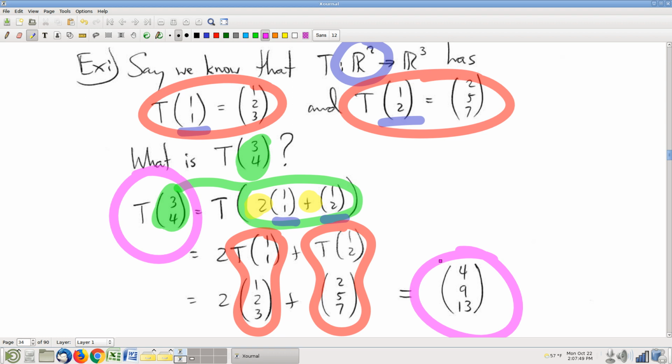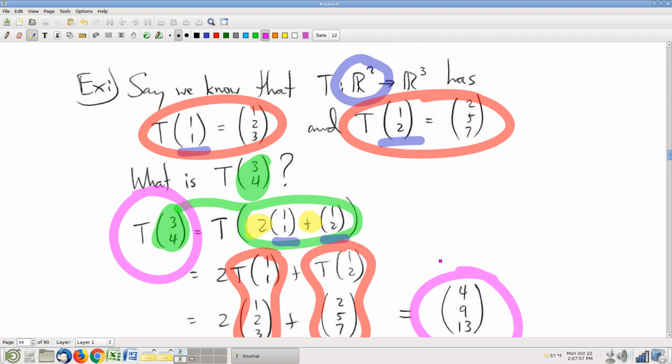So, what makes this possible? How is it that I can do this? Well, you really only need two things for this to work. This calculation that we did here, you need to know that every vector that you try to pull this on is a linear combination of your two input vectors. So you need to know that you've got a basis.